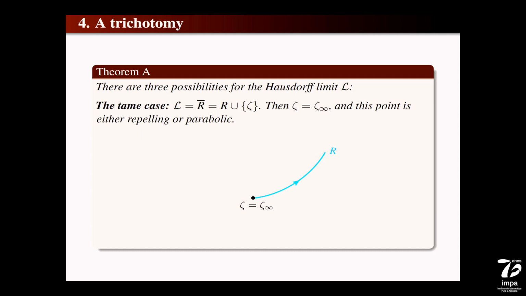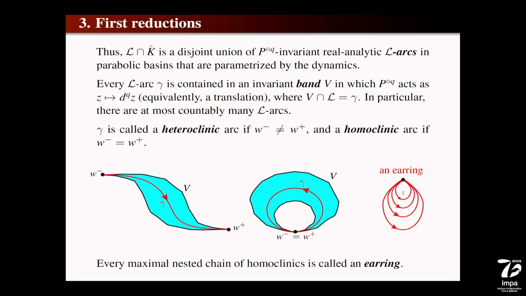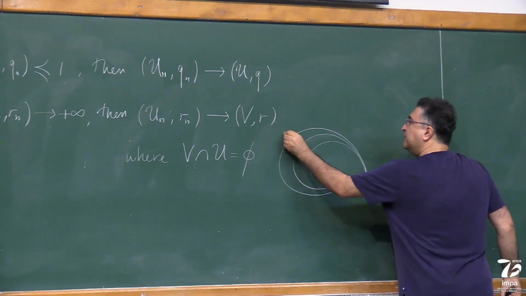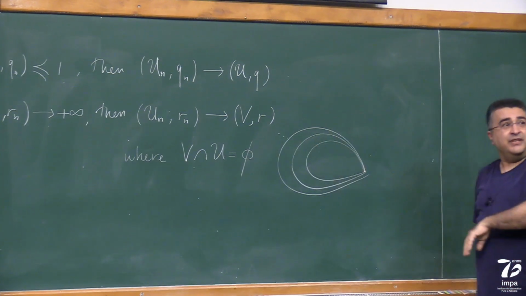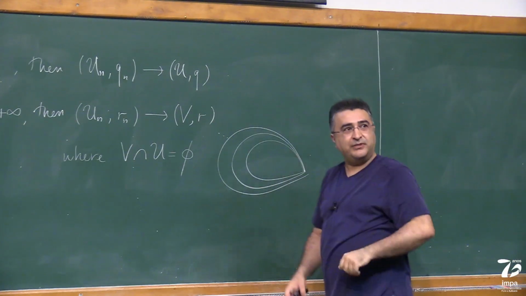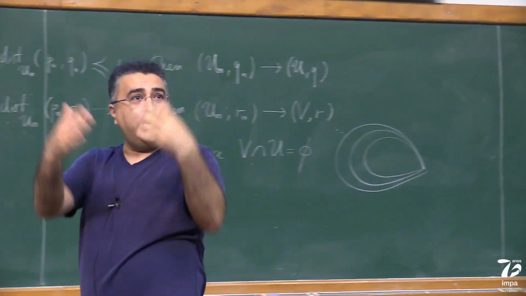Sorry. Yes. Go back to your earring then. Yeah. So your earrings don't necessarily all have to be the same. You all have to be in the same parabolic basin. Yes, yes. I mean, from this definition, for example, it's not quite obvious that there is an outermost loop for an earring. I mean, for all we know, it could look like this, and then infinitely many going out. We rule this out, of course. So if there are infinitely many, there has to be an outermost, and then maybe you get something inside.